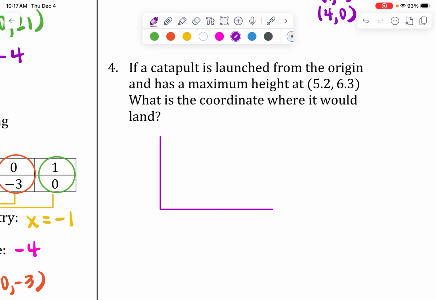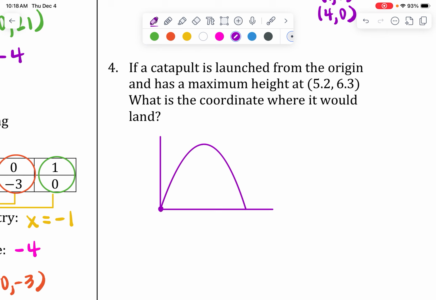So here's the origin, in the corner. I'm just drawing quadrant 1. And then we're launching something up and then down. So this is, let me just try to get a nicer parabola here. There we go. Okay. So I'm launching something from the origin.